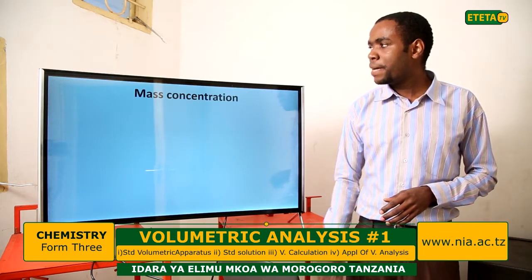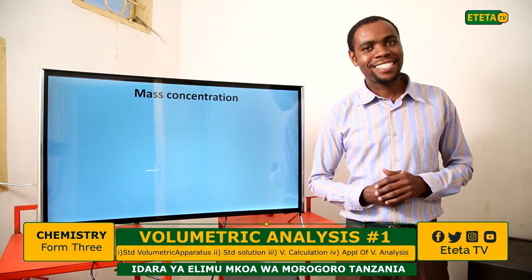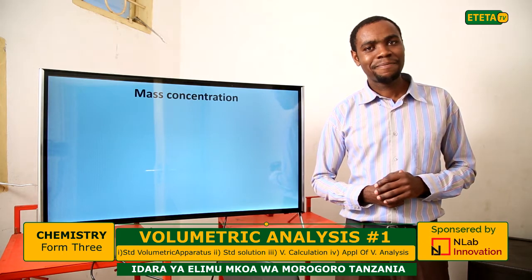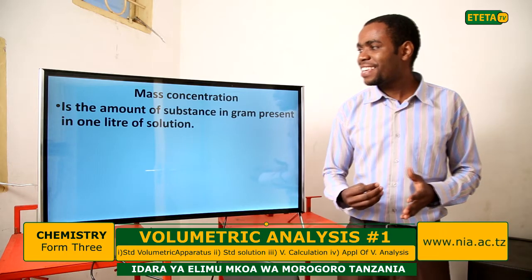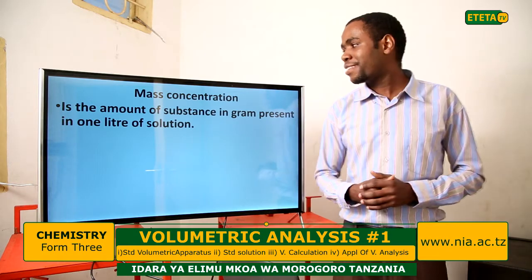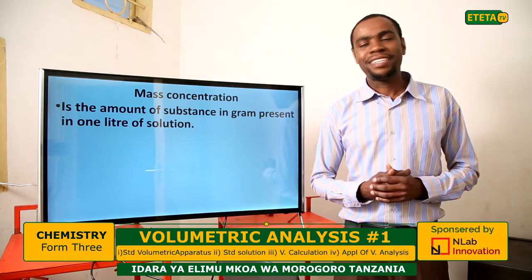Now, mass concentration. Students, can you try to define mass concentration? Mass concentration, by definition, is the amount of substance in gram present in 1 liter of solution.